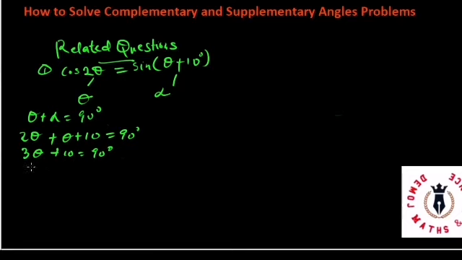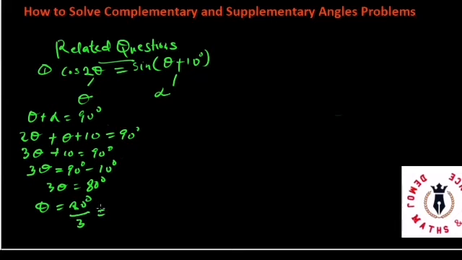Let's collect like terms. 3 theta is equal to 90 degrees minus 10 degrees. 3 theta is equal to 80 degrees. So that theta is equal to 80 over 3.